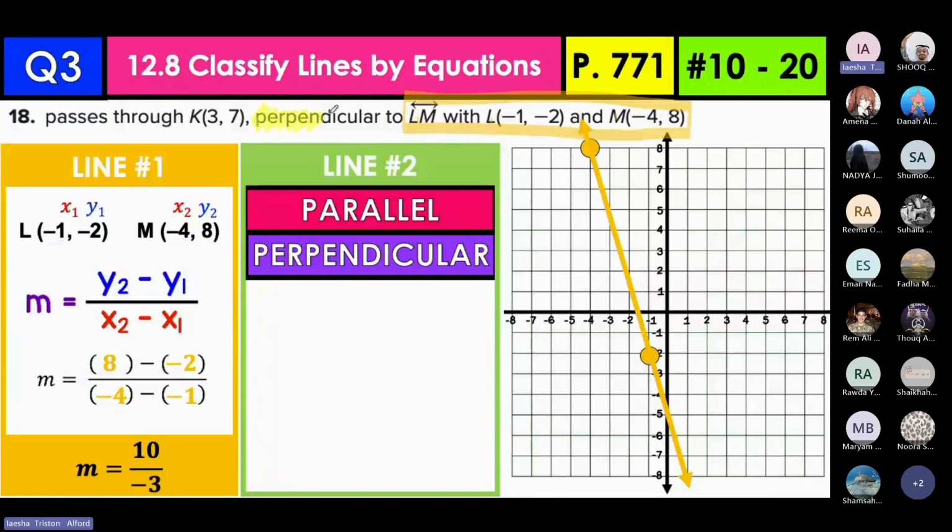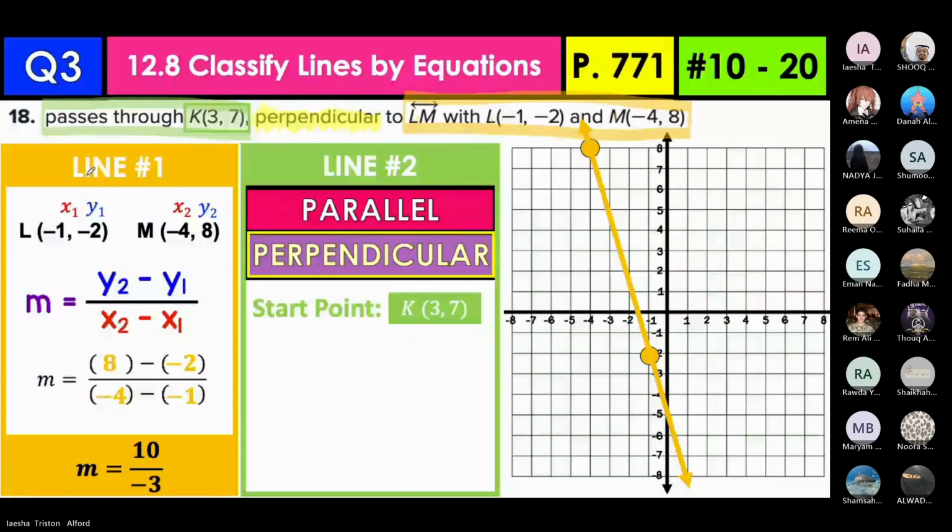Perpendicular, miss. Should be perpendicular. What is our start point? This one passes through. This is going to be the start point. So we're going to start our new line at K. So to find K, you're going right 3 and up 7.